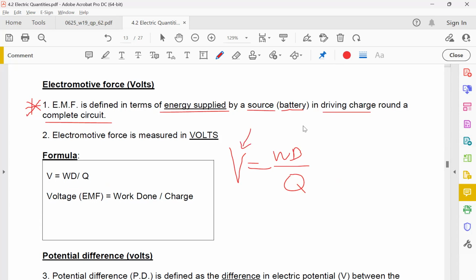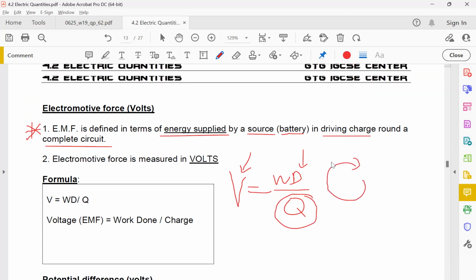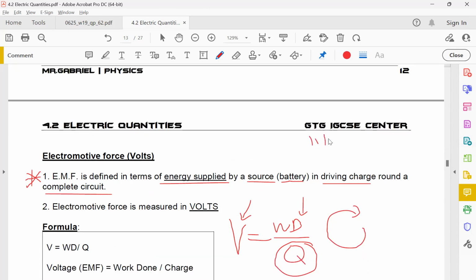Electromotive force is the energy or work done to drive 1 coulomb of charge around the circuit. Meaning to say, if this is the circuit, without the battery, for sure the lamp is not going to light up, right? But with the battery, there is, once again in quotes, a force that pushes the current around the circuit. And that current is obviously a form of charge due to the electron flow.